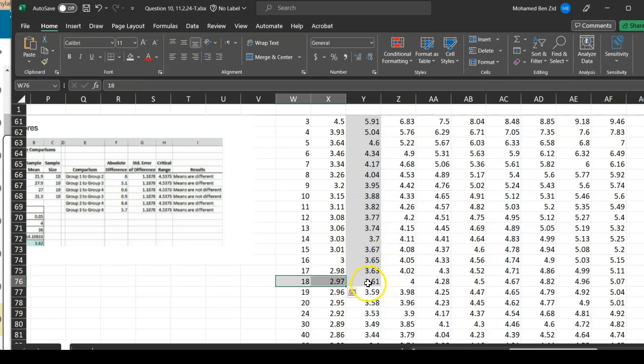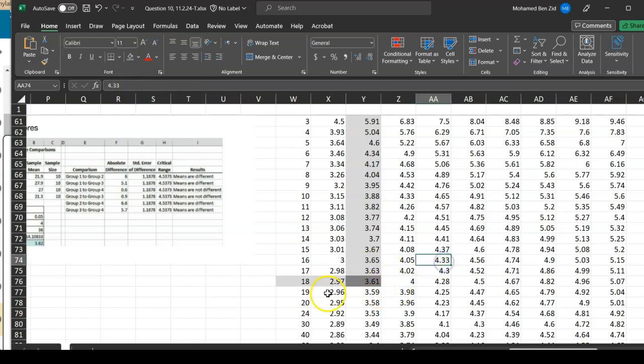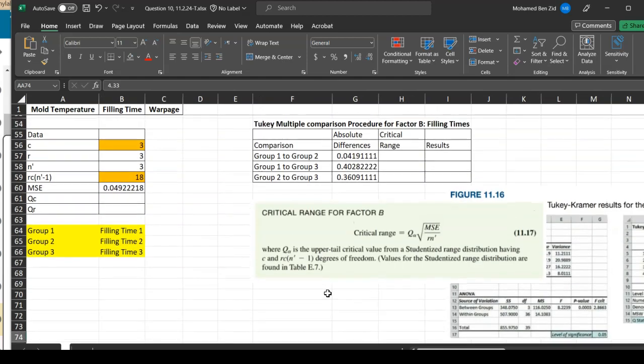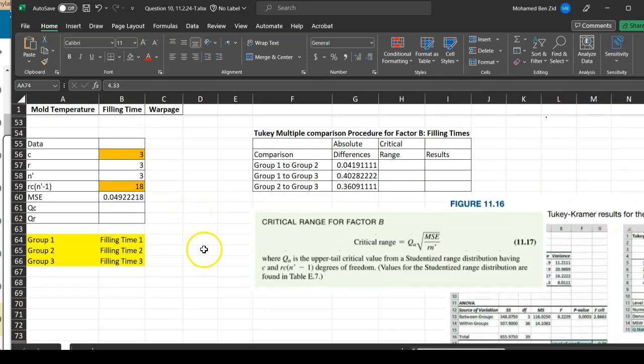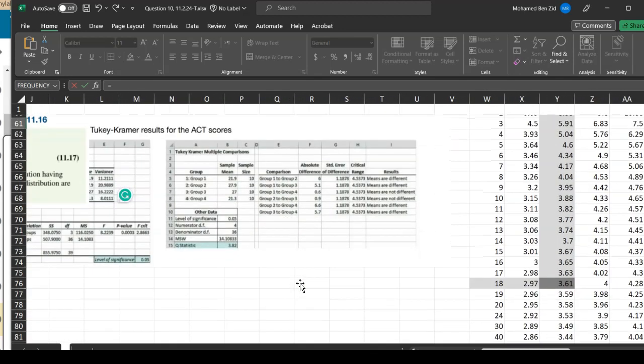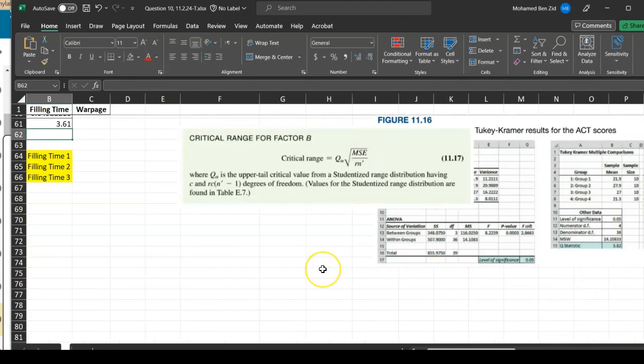The value that I'm looking for is the cross one, right? So this is going to be the value, 3.61. Because I'm doing columns, I'm going to use this QC, put an equal sign and select this value. Or type it in, it's easier.